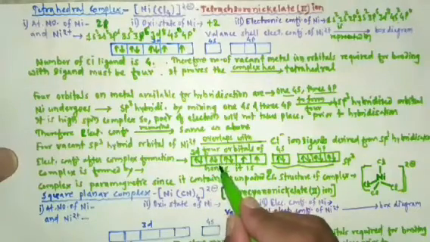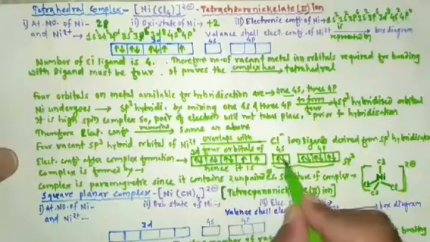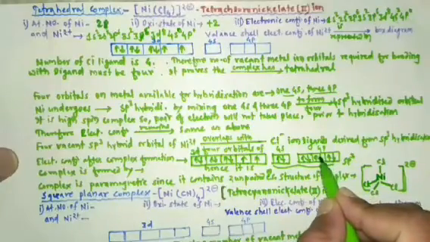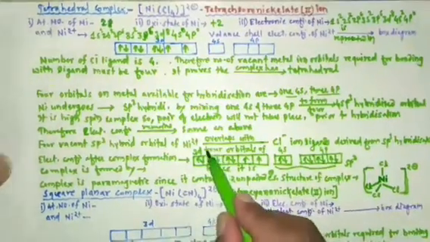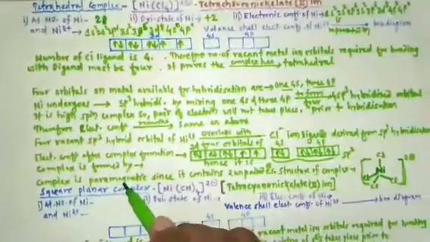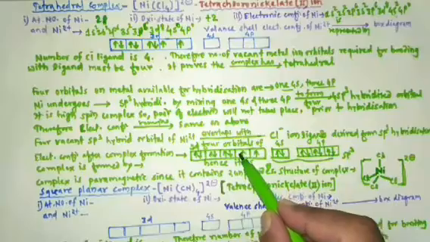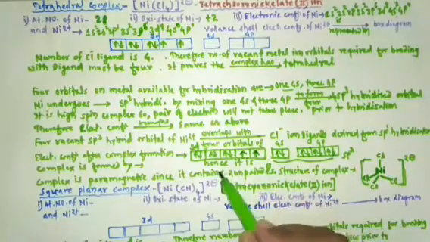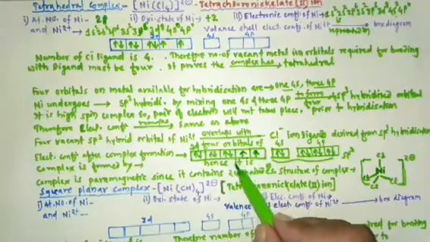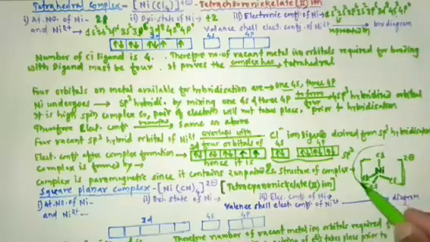So this is the electronic configuration after complex formation. This complex is paramagnetic because it contains 2 unpaired electrons, and its structure is tetrahedral.